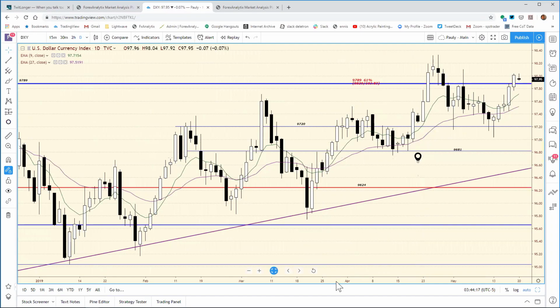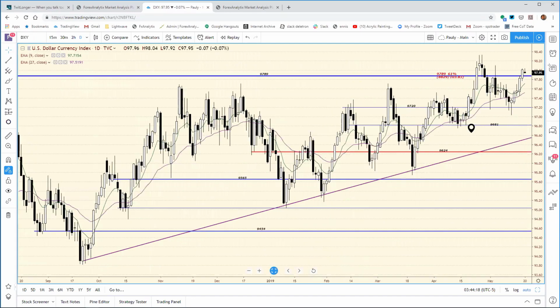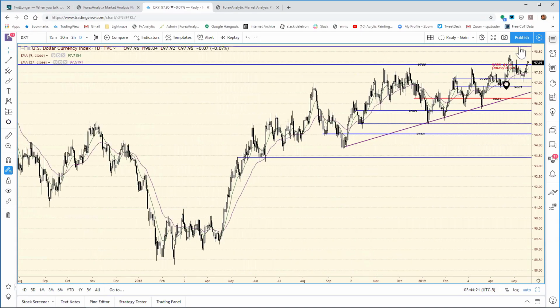Now, as I mentioned, it does have the ability to get up here to this 98.73. But immediately, it's going to be that 98.33, those highs right there.